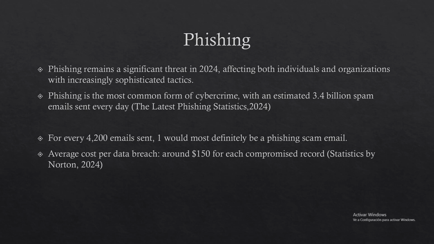And lastly, we can talk a bit more about phishing, which remains the most common form of cybercrime, with an estimated 3.4 billion spam emails sent every day. And that's really high, to be honest. And that's why it remains a significant threat in 2024 for individuals and organizations.